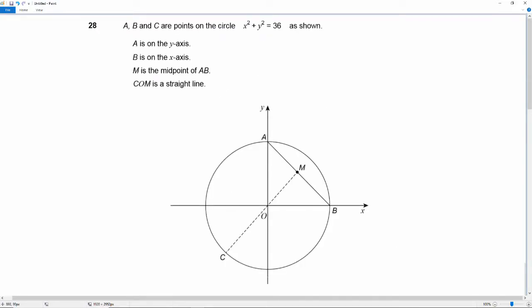So a circle is x squared plus y squared equals r squared. So the radius of the circle is the square root of 36, which is equal to 6.